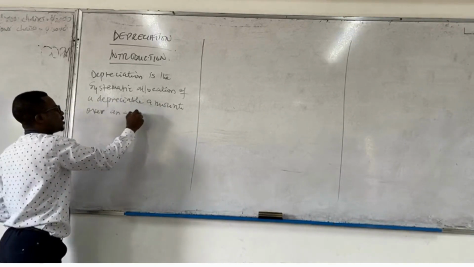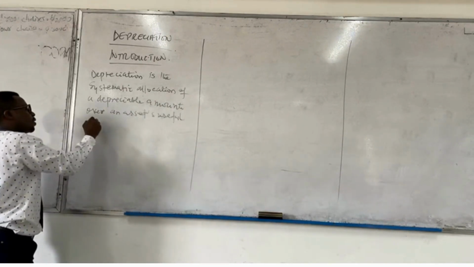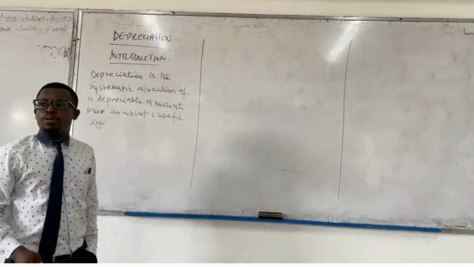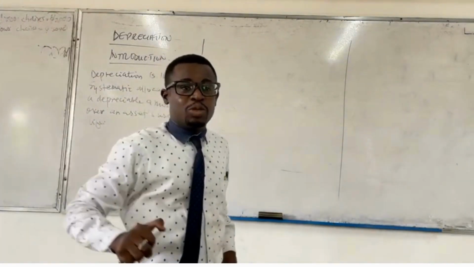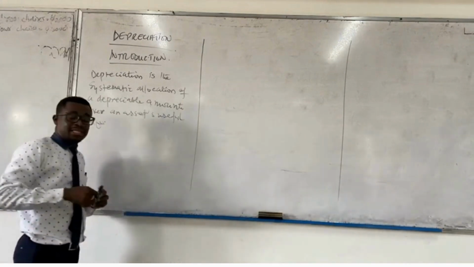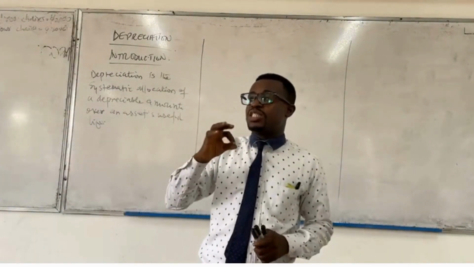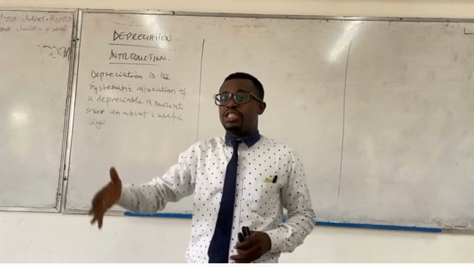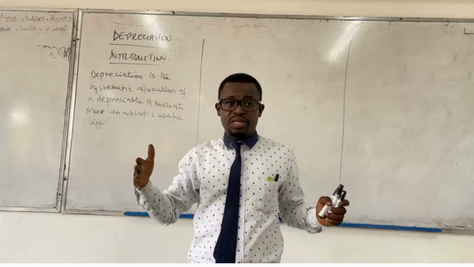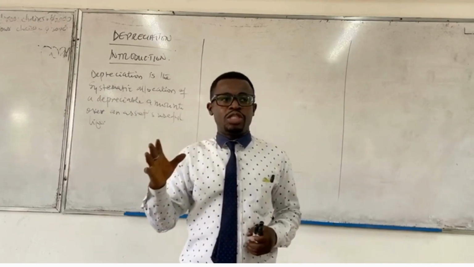So basically, we're talking about how an asset's value decreases over a period of time by way of its usage. That's depreciation: how the value of the asset decreases over time on account of its usage.